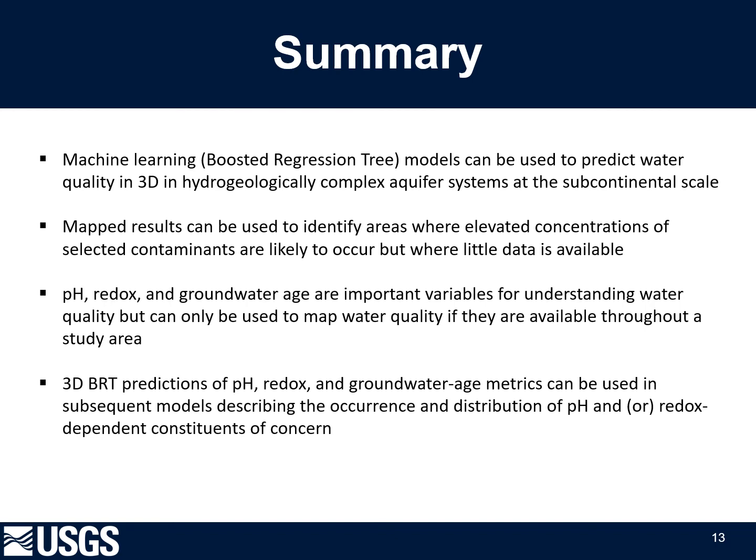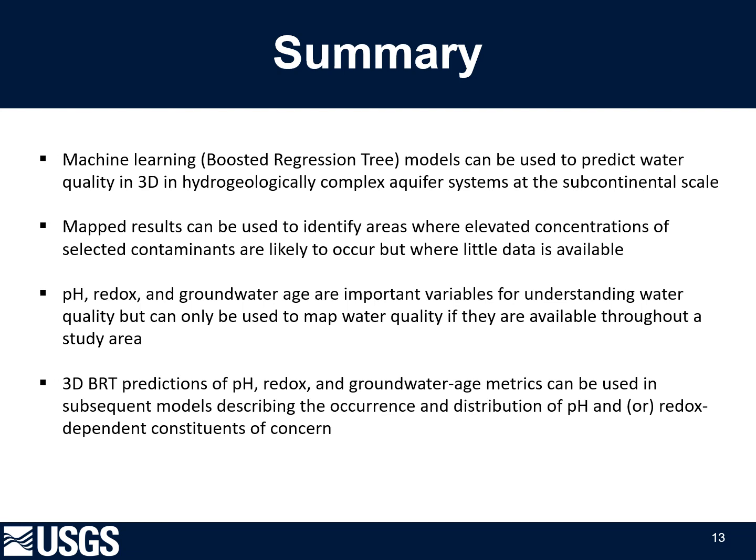And in summary, I would just say that machine learning models can be used to predict water quality in 3D and hydrogeologically complex aquifer systems at the subcontinental scale, something we wouldn't have thought we could do 10, 15 years ago. Map results can be used to identify areas where elevated concentrations of selected contaminants are likely to occur, but where there's little data available. pH, redox, and groundwater age are important variables for understanding water quality, but can only be used to map water quality if they're available throughout a study area.